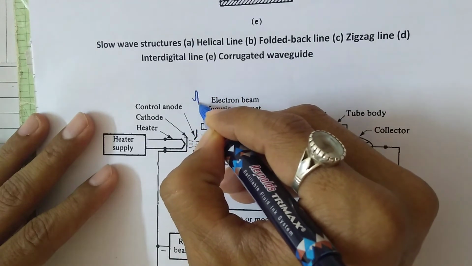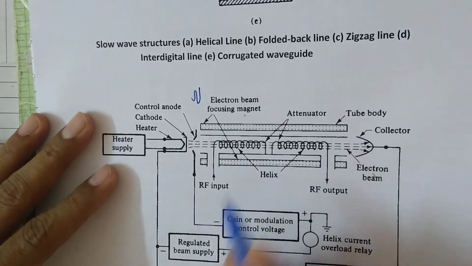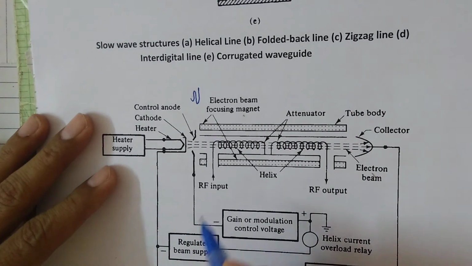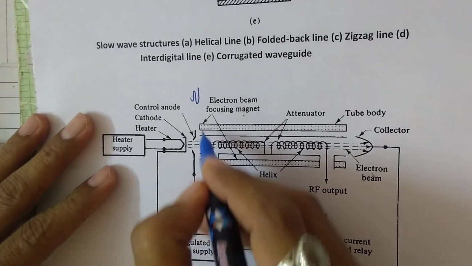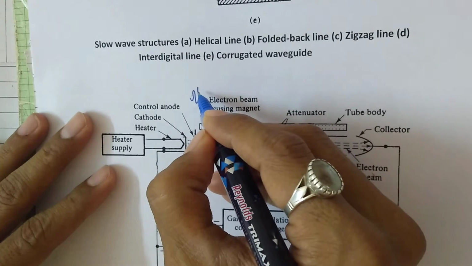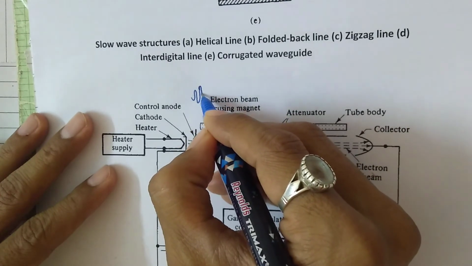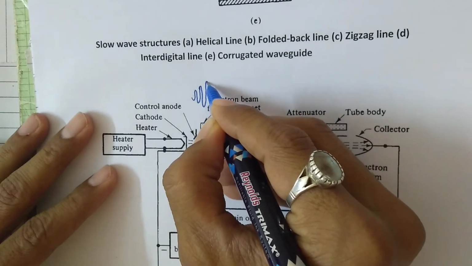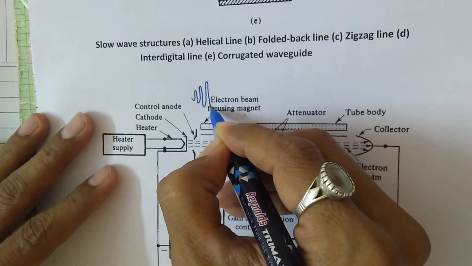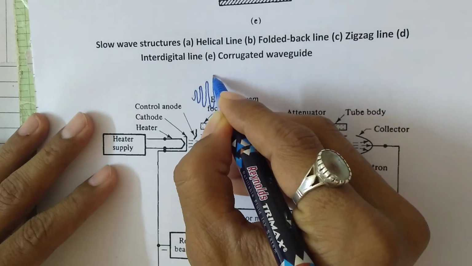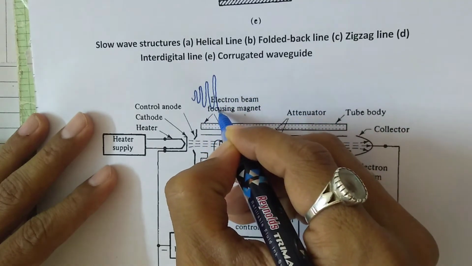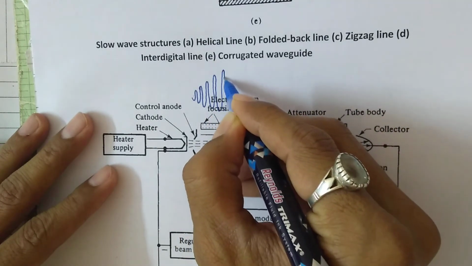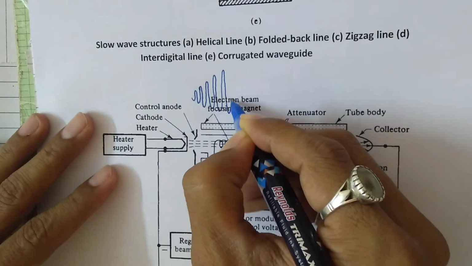This is the amplitude at the input, and if the interaction between the RF signal and electron beam is improving through the length of the tube, slowly electrons will give up their energy to the electromagnetic field, and the amplitude of the electromagnetic wave will start to increase along the length of the tube.